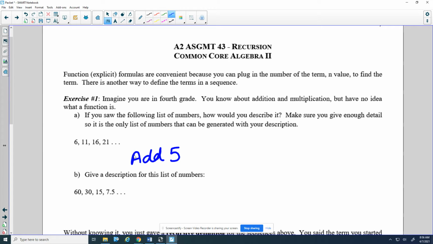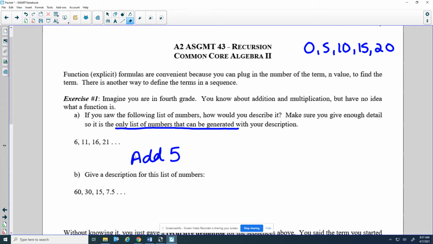But part of what you want to do is make sure that it's the only list of numbers that can be generated. Now, if I said make a pattern that adds 5, I could do this pattern, right? So that's not the same pattern, but it fits the rule that I currently have there.